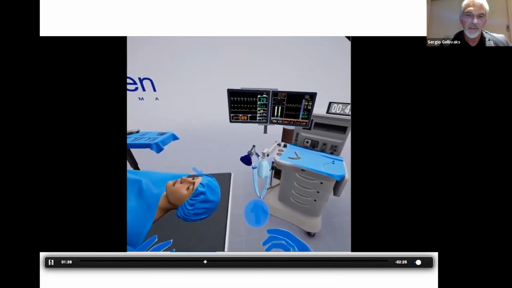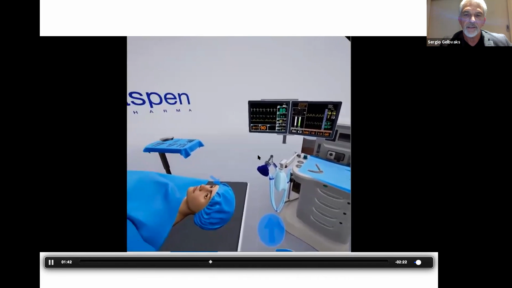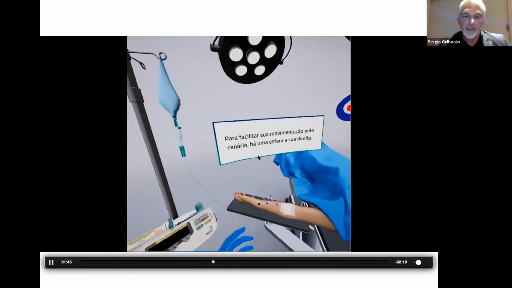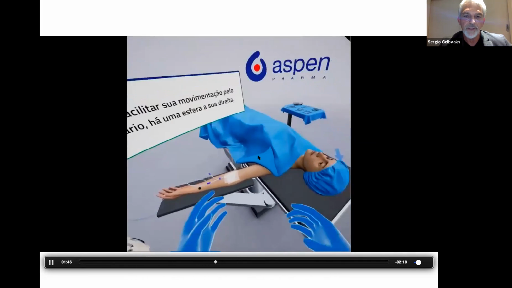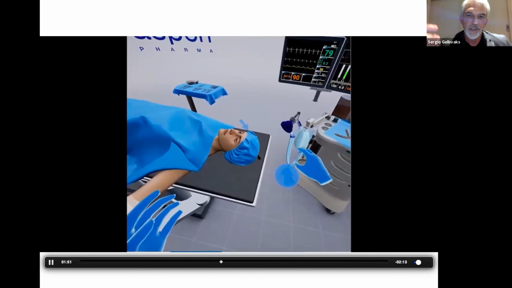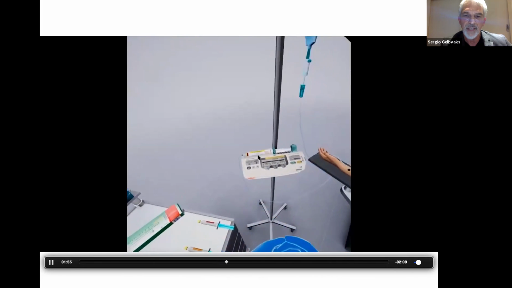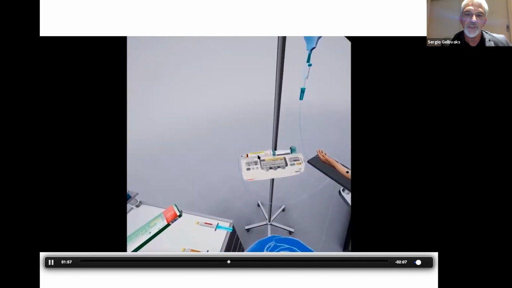The idea was to induce a total intravenous anesthesia to this patient using anesthetic drugs as usual. And all these parameters in these monitors here, they react with dignity to any action of the students during the scenario. So if he injects any drug for amnesia, for sedation, all parameters will change automatically.